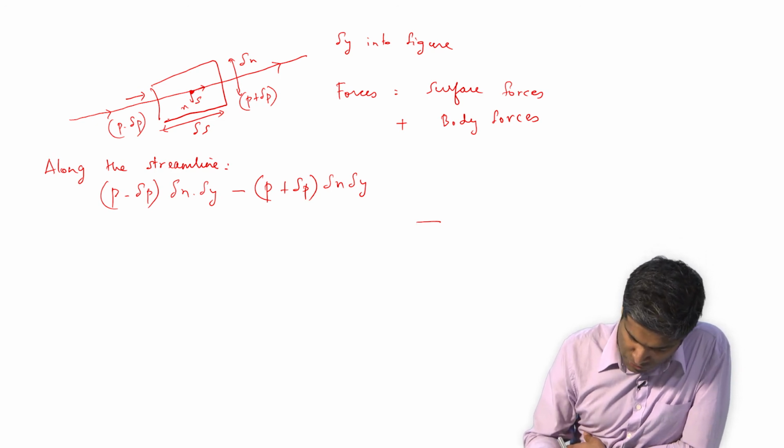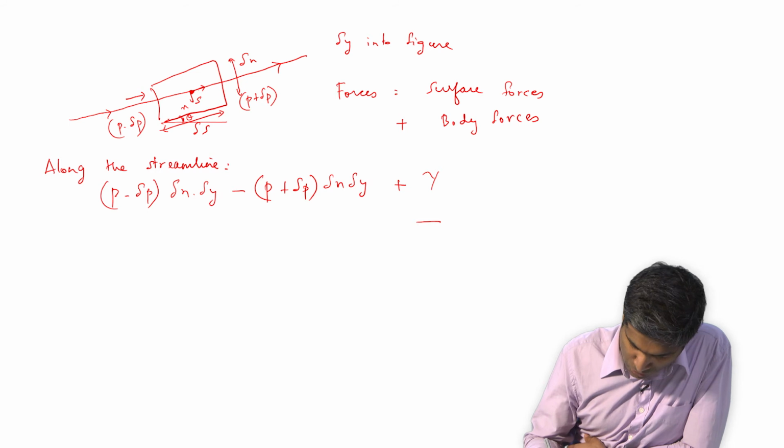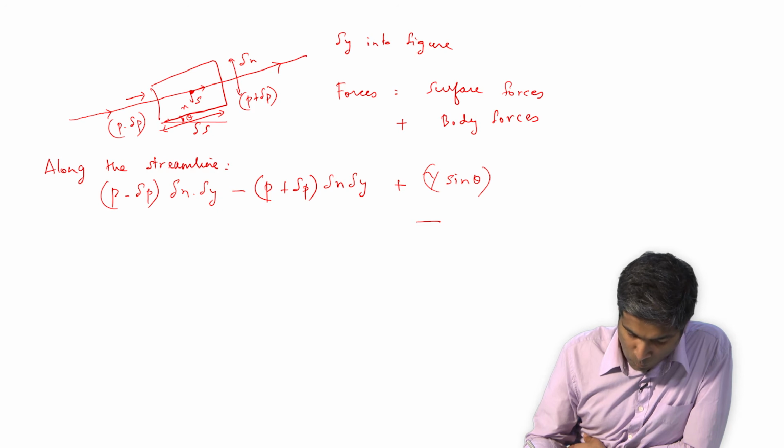My body force would be gamma times sine theta, where theta is the angle with the horizontal. So it's gamma times sine theta times the volume of the fluid element, which is delta n delta y delta s.